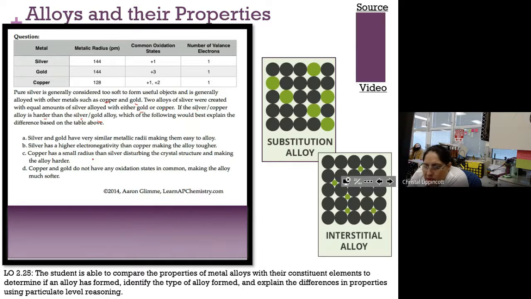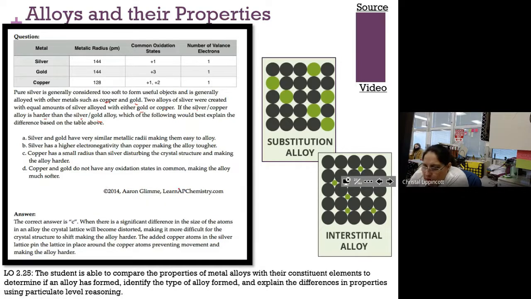Copper has a smaller radius than silver, disturbing the crystal structure and making the alloy harder. Or gold and copper do not have any oxidation states in common, making the alloy softer. You think it's C? Okay, let's check. C is the correct answer.